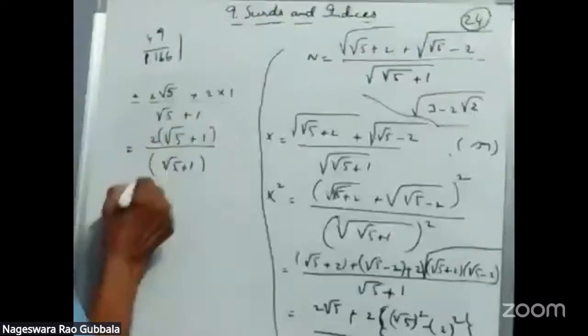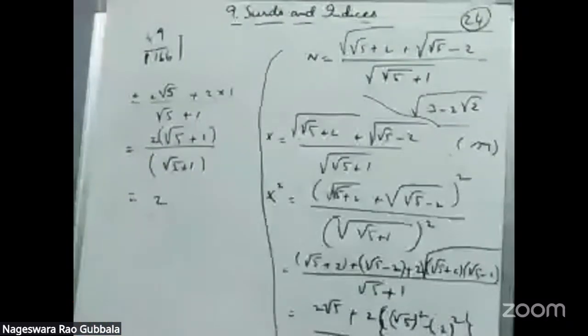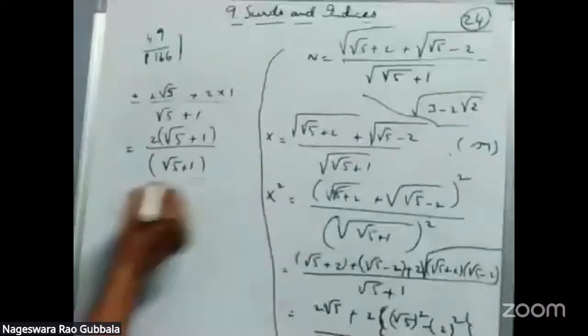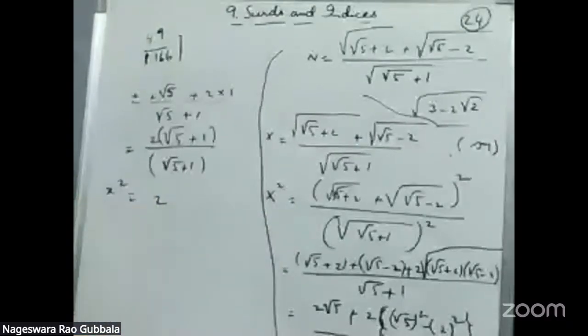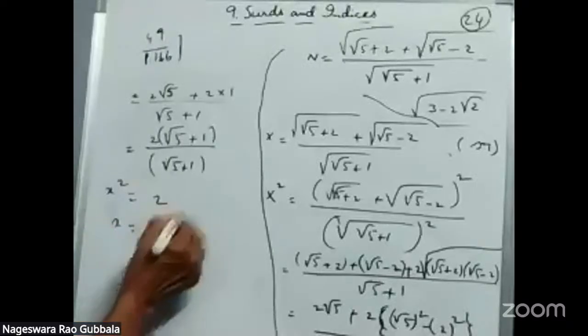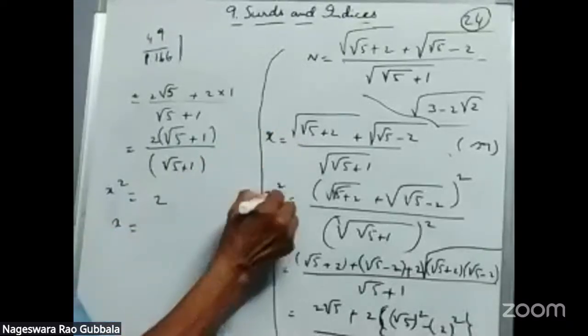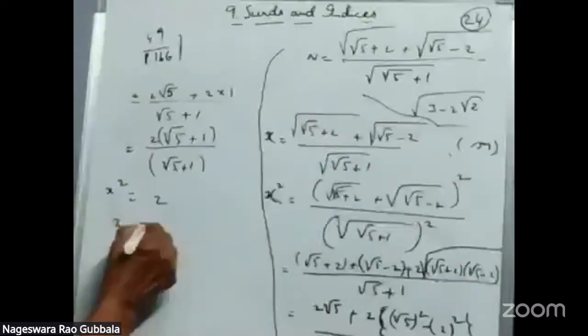This goes, 2 remains. x square is 2, x is, small x, x is root 2.